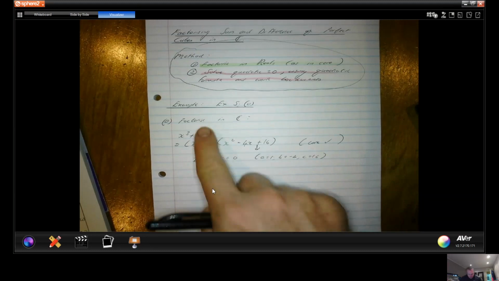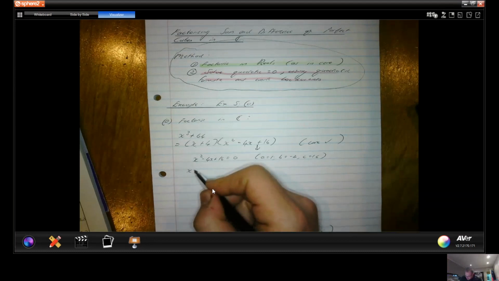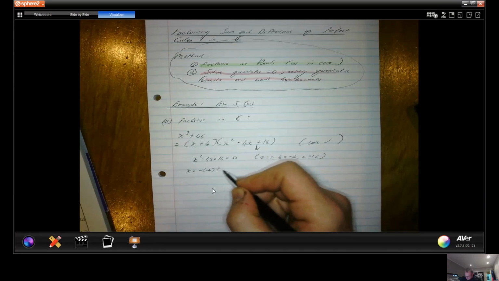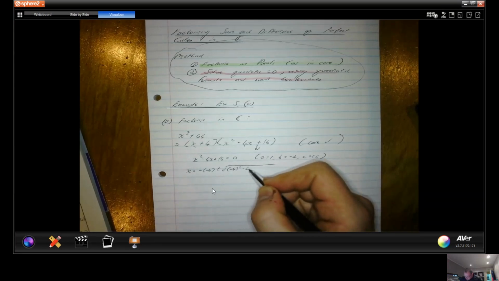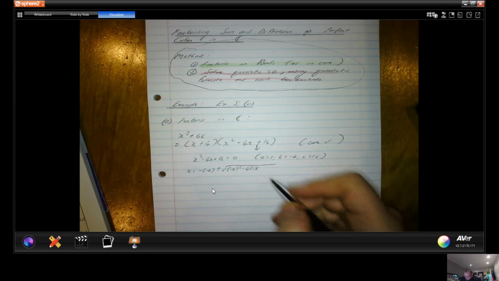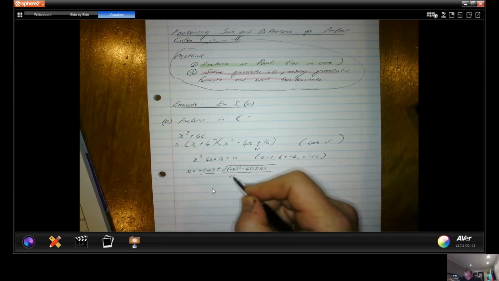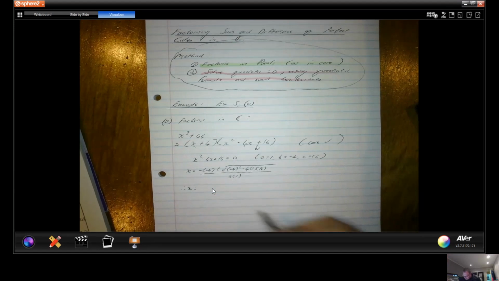This, by the way, is question O. So if I use the quadratic formula, I get x is equal to negative b, which is negative 4, plus minus the square root of b squared, which is negative 4 squared, minus 4 times a is 1 times c is 16, all over 2 times 1.